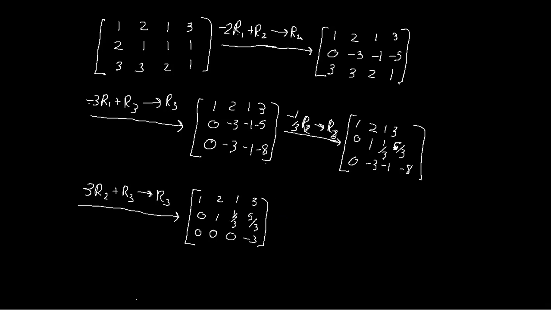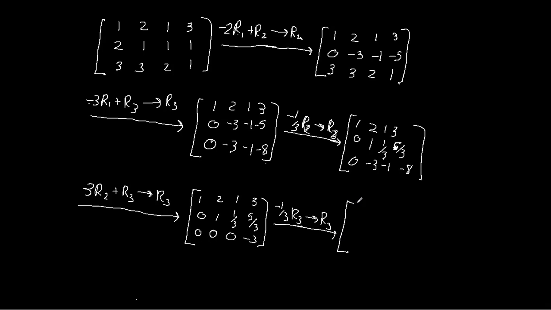So now we have this leading one with a 0 underneath it. Now we go down to the right. There's not a 1 here. We keep going to the right, this negative 3. How do we make this negative 3 a 1? Well, we multiply this entire row by negative 1/3. Right, so negative 1/3 R3 goes into R3.